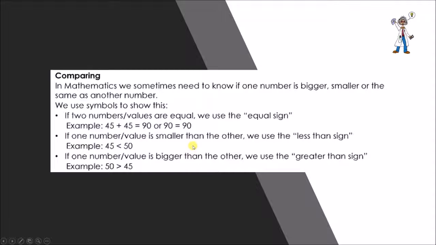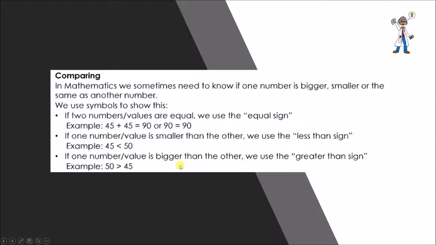If a value is smaller than the other, we use the less than sign. The sharp point points to the smaller number and the open end to the big number. Big mouth, big number.